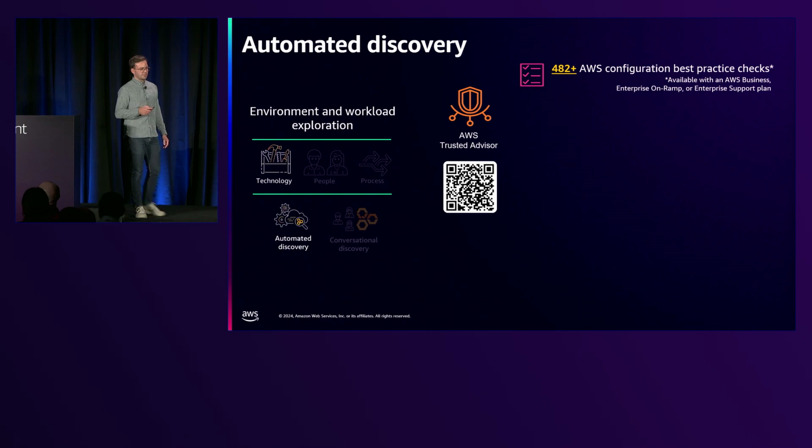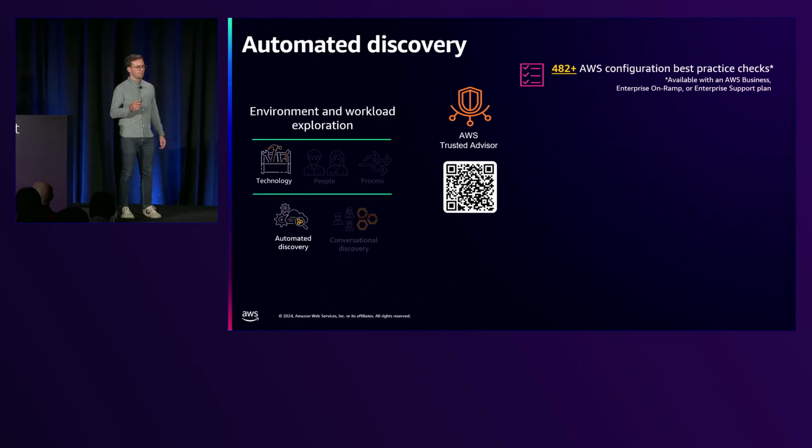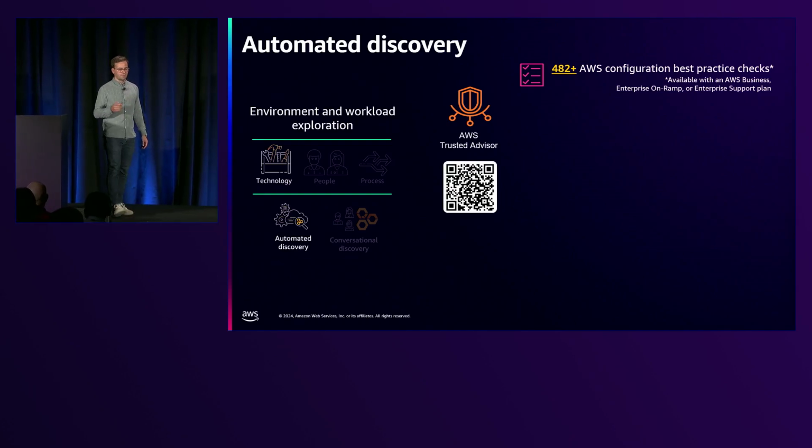So it will check within your AWS account automatically up to 482 best practices for those that have Business Support or higher. And by default, it will check 56 different best practices in your account.